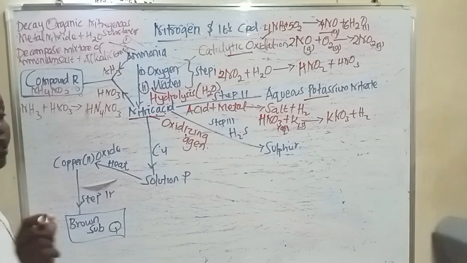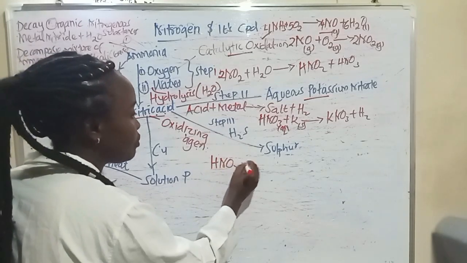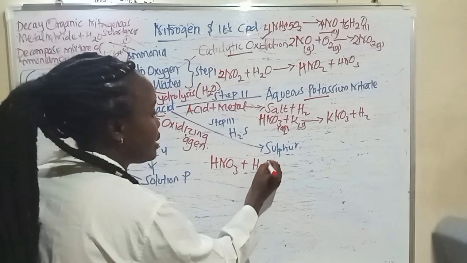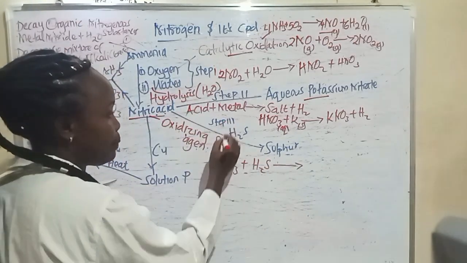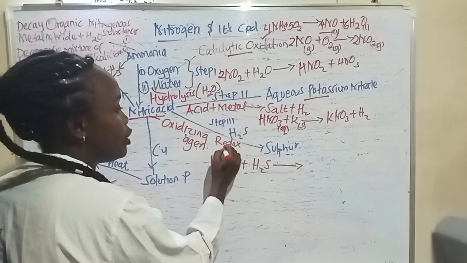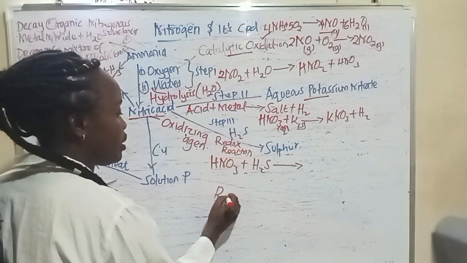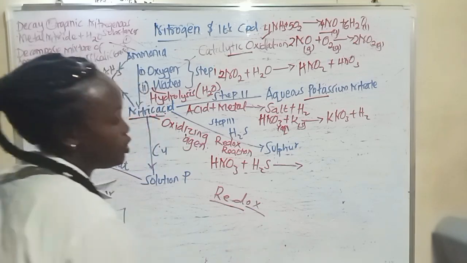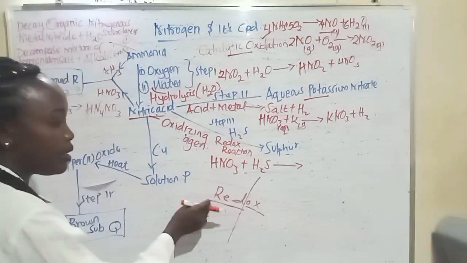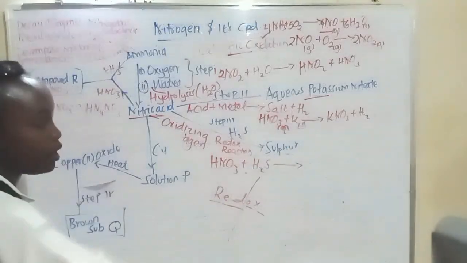Now the reaction here: you have your nitric acid, you react it with your hydrogen sulfide. Step 3 is a redox reaction. Redox means reduction and oxidation.